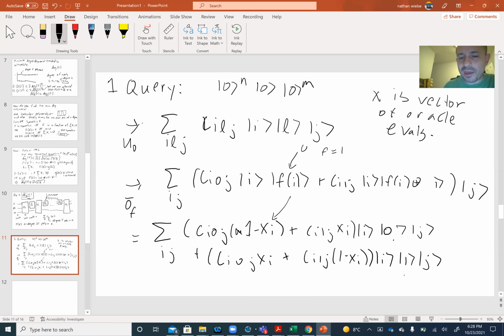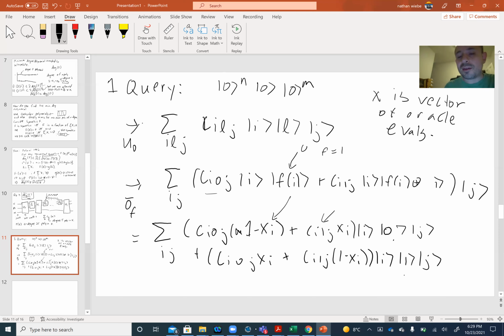So if f of i is 1, then this would be 1 over here, and the coefficient would be 0, matching this up here, because if it's 1, then it shouldn't have a 0 coefficient. On the other hand, if f of i is 1, then f of i exclusive or 1 will be 0, and thus it'll give us this coefficient over here.